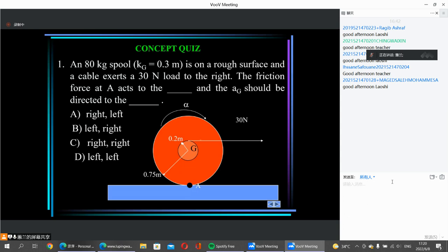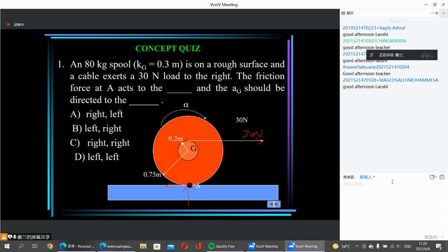So let's draw the FBD and KD. First the FBD. So this is the force, right? 30 Newton. And then the normal force and the friction force, right? The friction force, we don't know. Maybe it's to the left or to the right.